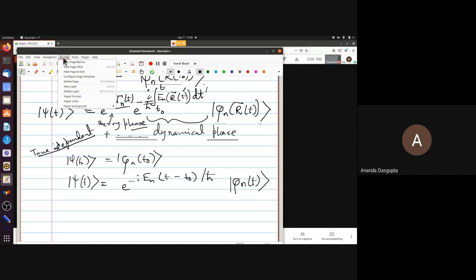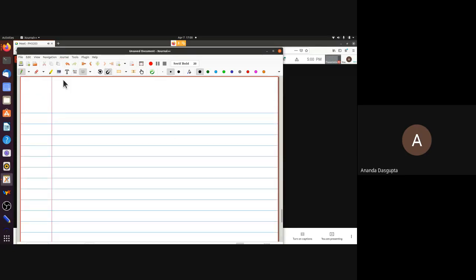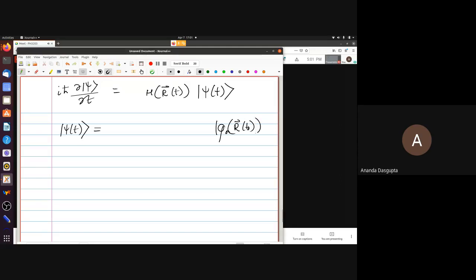Okay, so let me just go over this. This is the equation that you expect the system to obey. And what we are saying is my wave function ψ(t) obeys the adiabatic theorem closely.